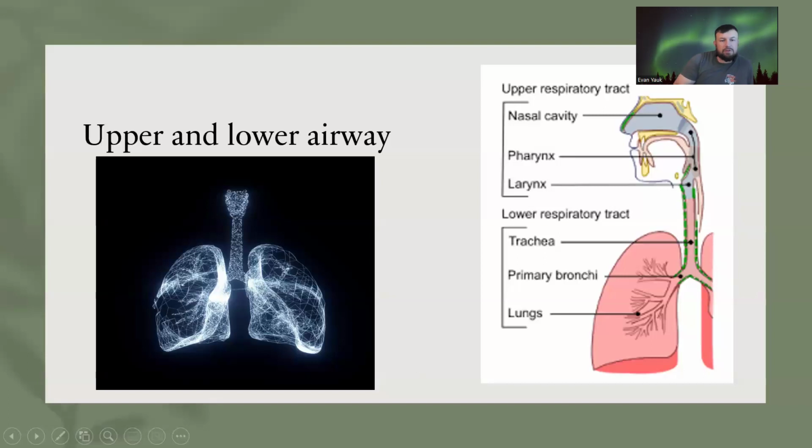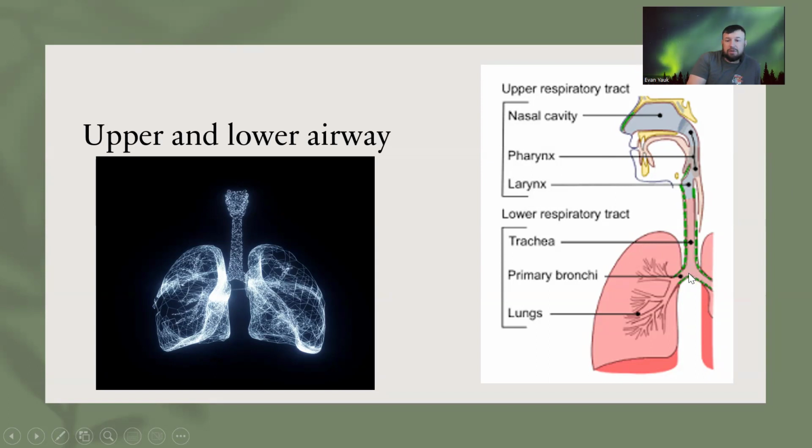There we go. So your upper and lower airways. I've got a couple pictures that will pop up here. So your upper airway is going to be your nasal pharynx, your oral pharynx, your larynx. Okay. It at your voice box separates upper and lower airway. Lower is your trachea.